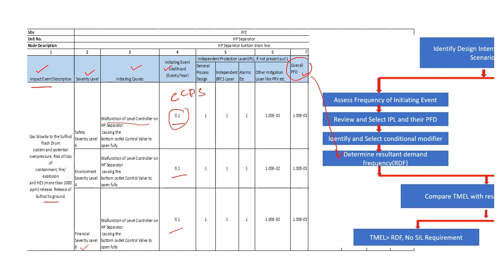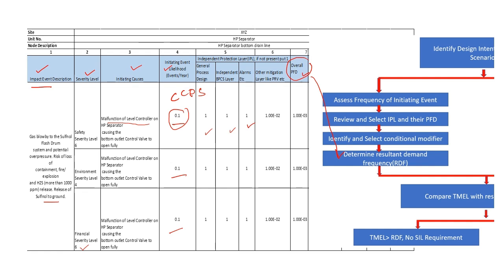Now what is the protection layer? So there is a protection layer, like an alarm, but we have not considered it here because in many cases the alarms are not considered as a protection layer or taken as a credit, because the alarm on its own cannot do anything, right? It cannot automate any action.